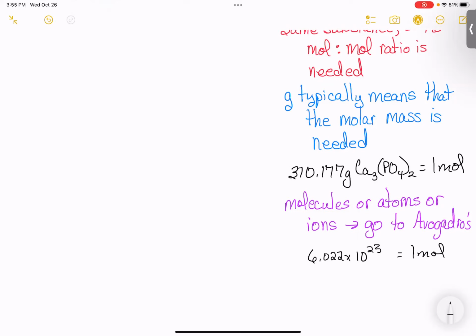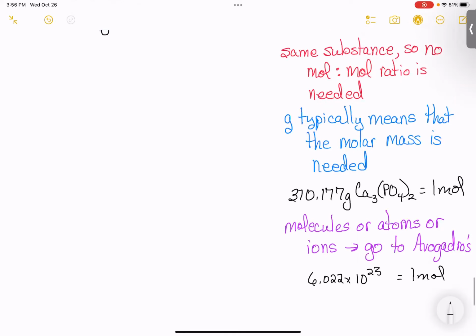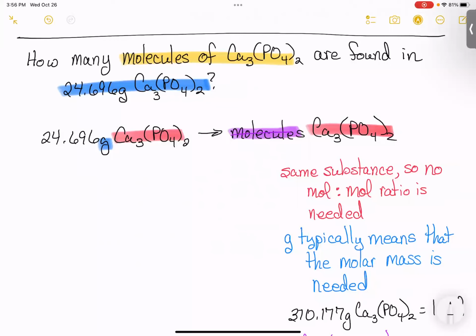Now I'm telling you, if you're dealing with a substance, a compound, or an element, there are 3 conversion factors that you go to: mole to mole, Avogadro's number, and molar mass. And it all depends upon what you need, based off of what information you have, going back and forth between these.